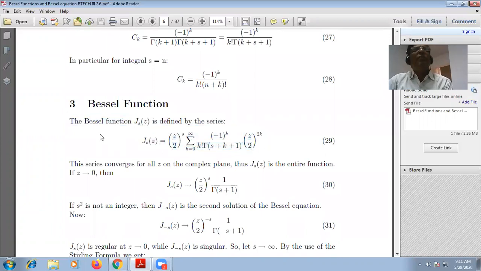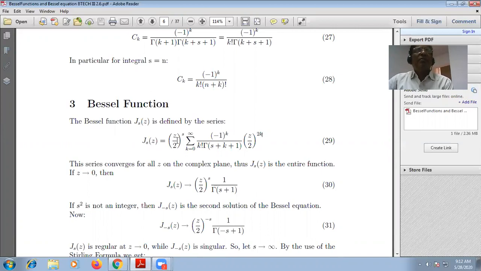Function means, as you know well, there is a unique association between the elements of a domain and a codomain. There is a certain rule by which one element on the left is associated with another element on the right. So here the Bessel function J s of z is defined by this series.